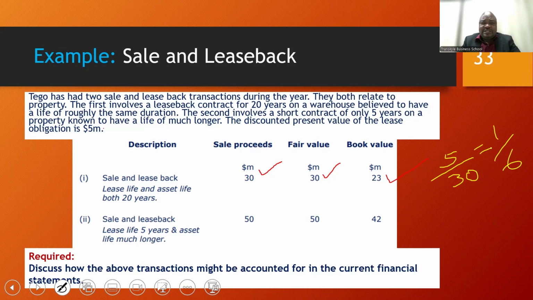I feel this wasn't a genuine sale and leaseback, given that information alone. The 5 million is too small an obligation in this situation. So, in a way, the seller was using the property to attract a loan.